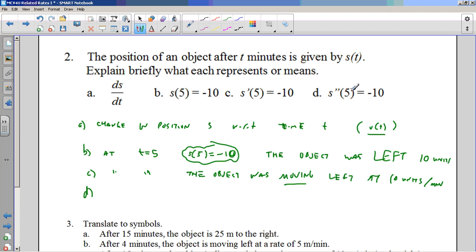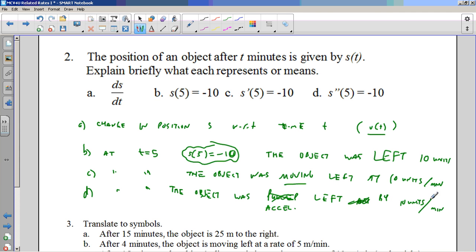Okay, what is the second derivative? That means at time t, it was accelerating left or being pulled left. Usually we say accelerating. The acceleration left by 10 units per unit, right?